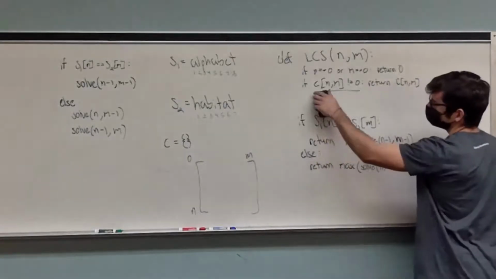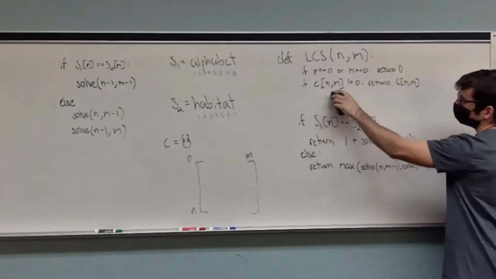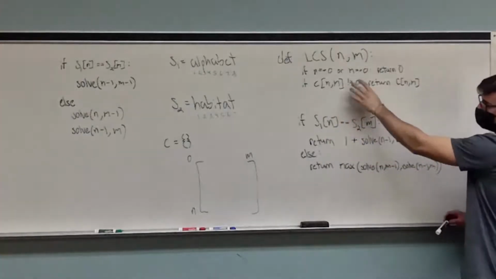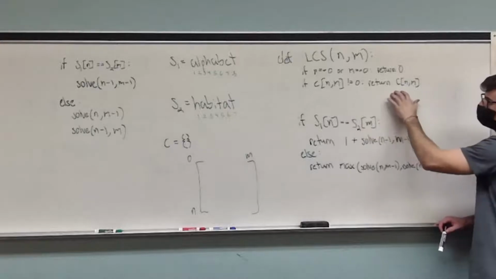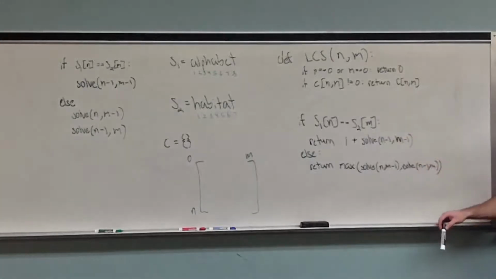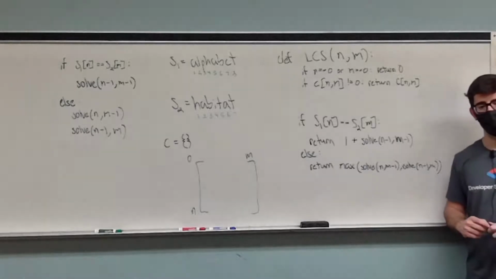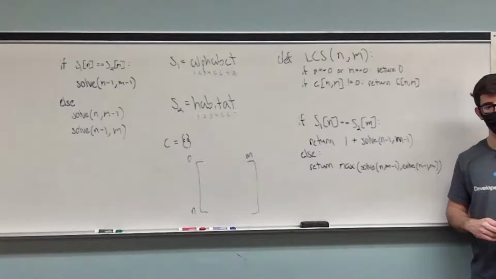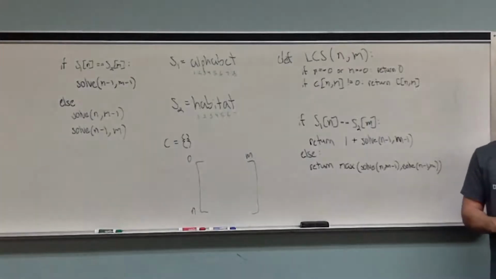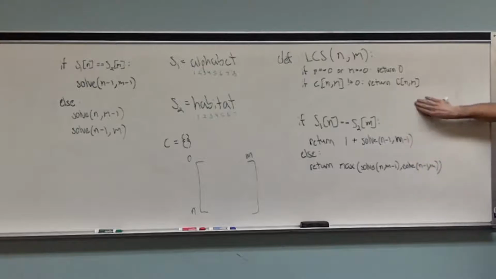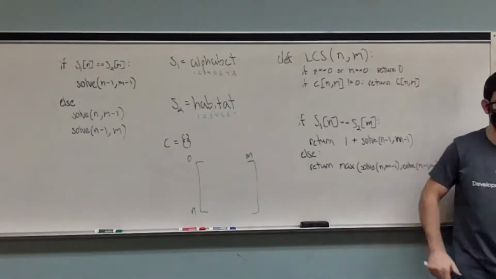So if it does not equal 0, we've done the work before. Therefore, let's just return that work that we've done before, and let's not do it again. Okay, yeah. No, I understand now. The return would obviously leave the function. Yeah, exactly. And the return will cancel out, and we don't have to do these calls.